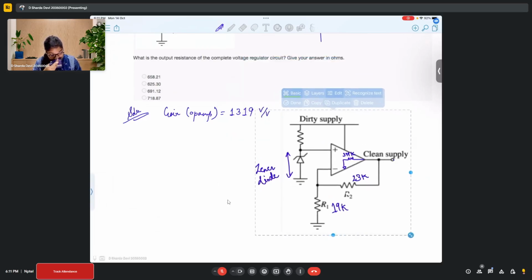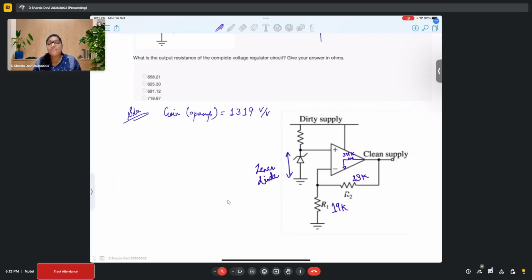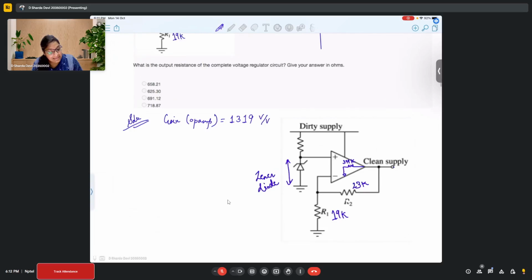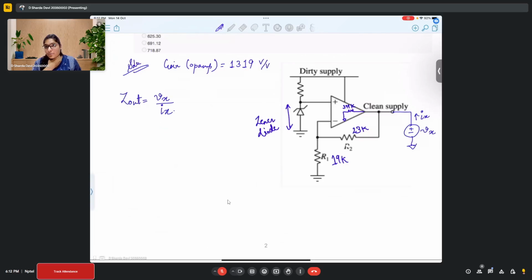When this is a circuit and we want to find the output impedance at this particular node, the easiest method is to apply a voltage Vx and a current Ix flowing through it, such that the Z out that I want to calculate would be Vx upon Ix. So this is how we solve these kinds of problems, especially when we are asked about terminal resistances.